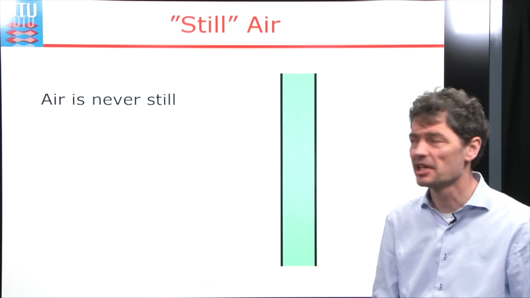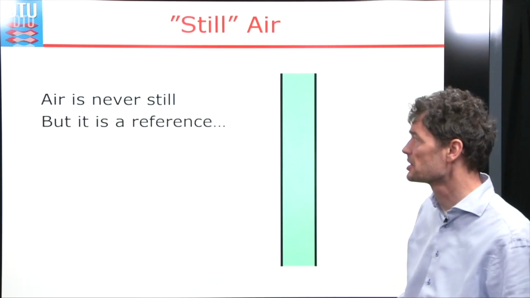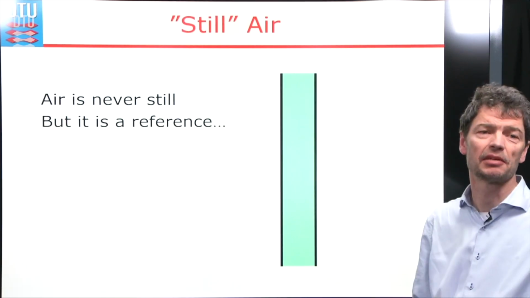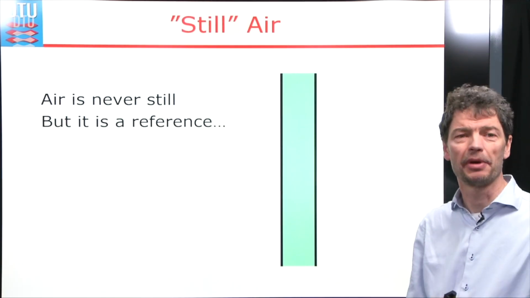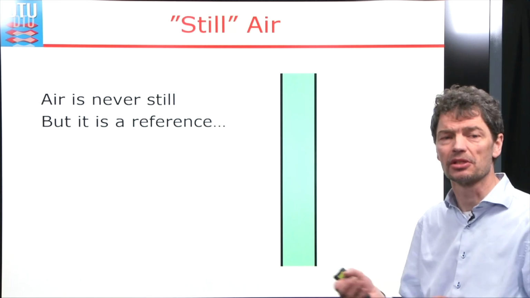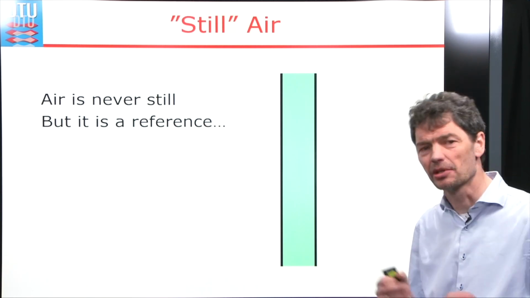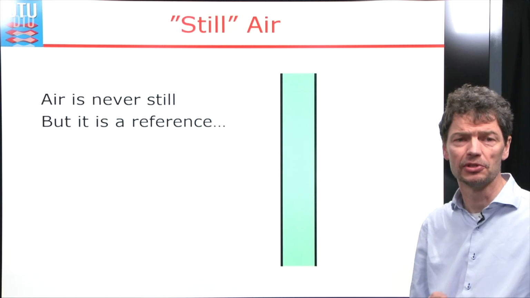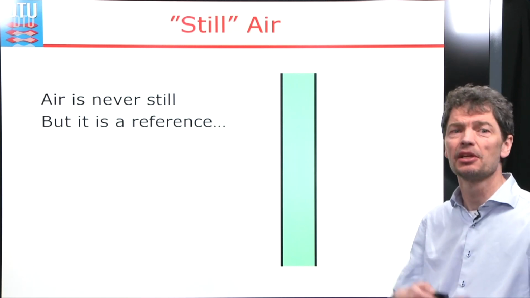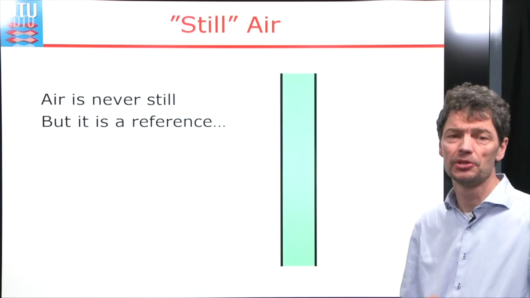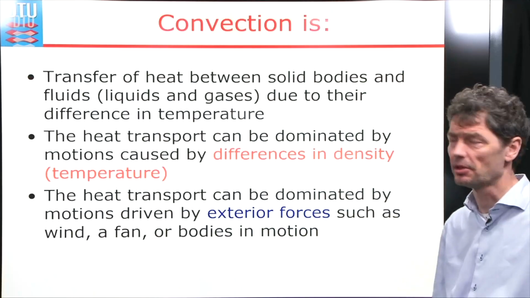But that is not the case, because these fluids are never standing still. We can use it as a kind of reference, if we compare to the situation with heat conduction in a still-standing material, such as one of those 2 fluids.